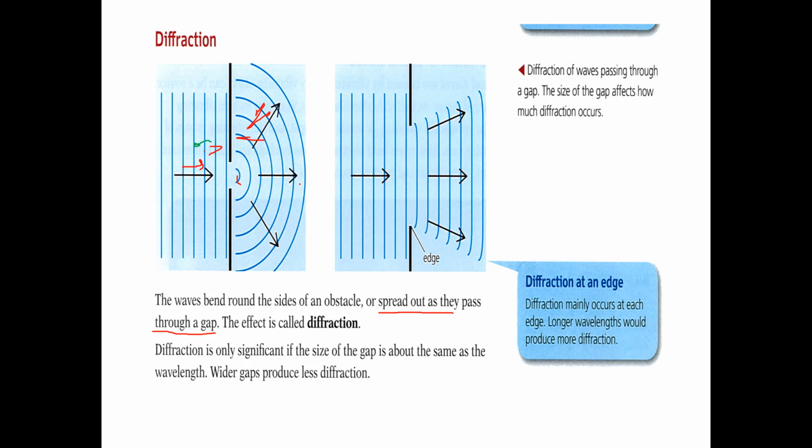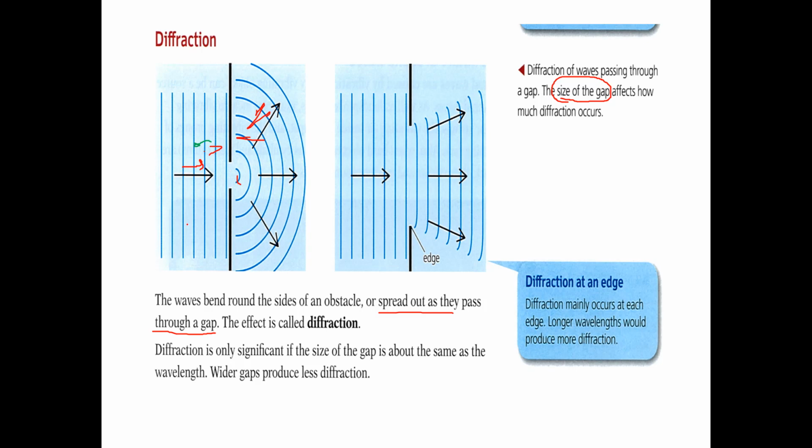So when will the diffraction be more or less? It depends on the size of the gap. The size of the gap affects how much diffraction occurs. The smaller the gap is, the more clearly the diffraction will show.